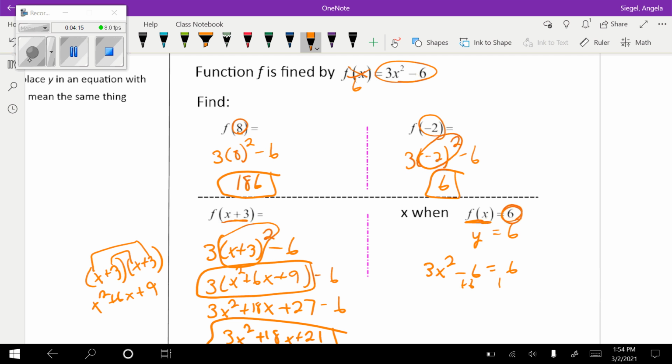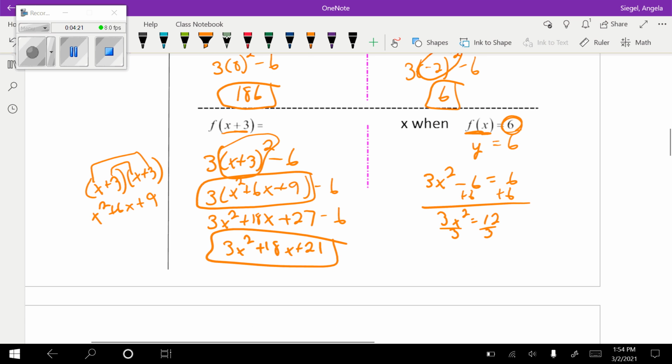I'm going to add 6 to both sides. 3x squared equals 12. Divide by 3. So x squared equals 4. And we're going to take the square root of both sides. I'm sorry, not x squared, x equals plus or minus 2.